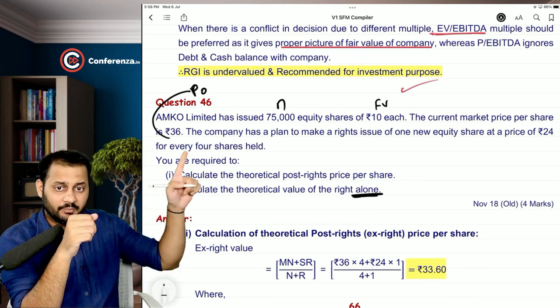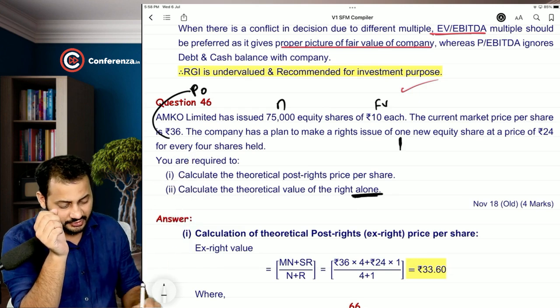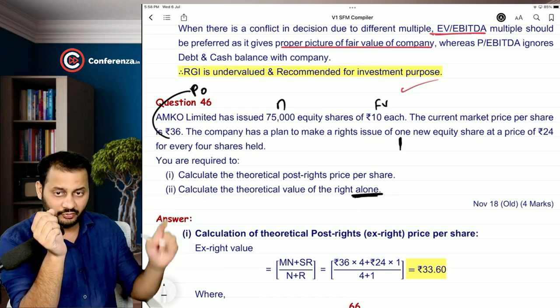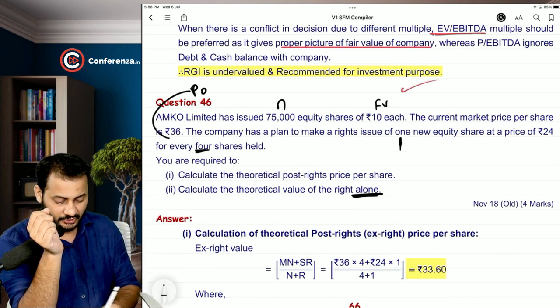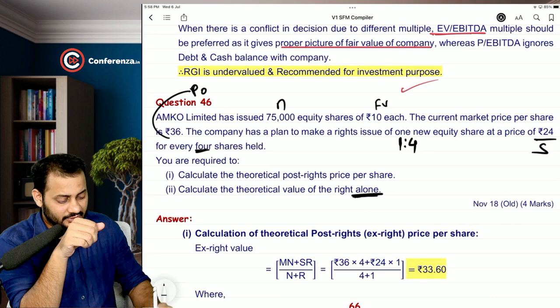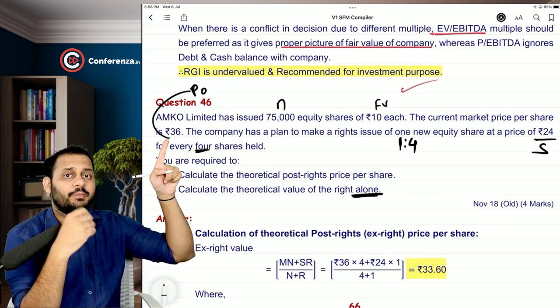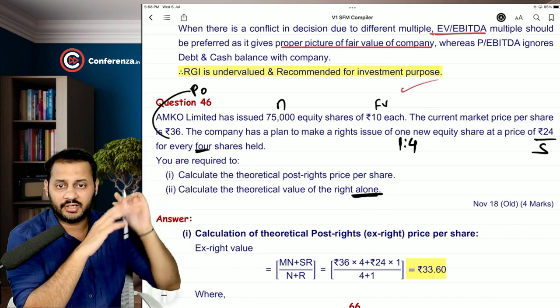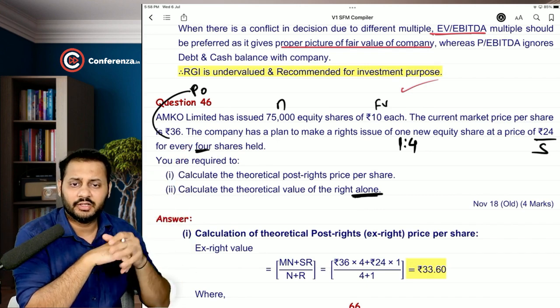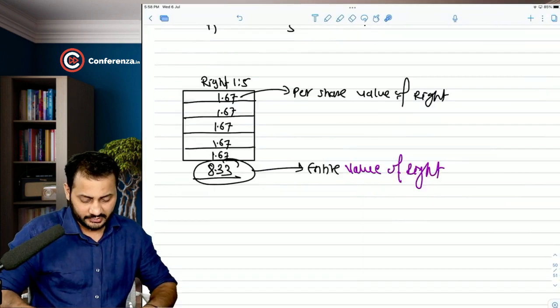The company has a plan to make a right issue of 1 equity share at a price of rupees 24 for every 4 shares held. So the ratio is 1:4 and the subscription price is 24. A share worth 36 can be purchased at 24 under the right issue. You are required to calculate the theoretical post right price per share.